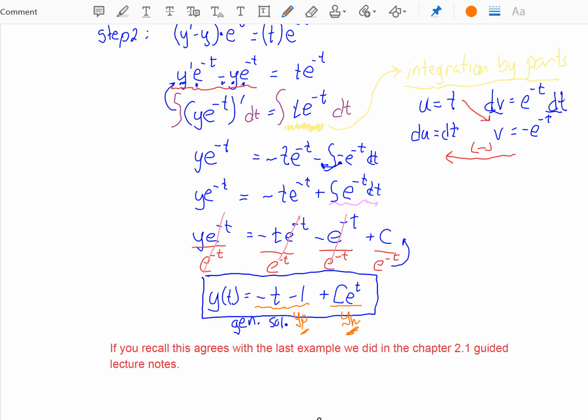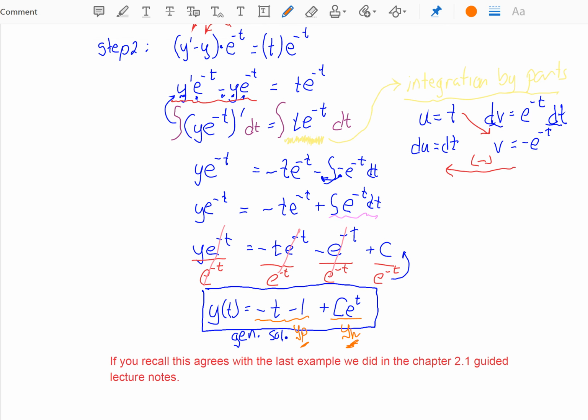Okay, this completes your first example of using the integrating factor method for solving first order linear non-homogeneous differential equations. I'd like to work a couple more examples with you just so you can see a couple more varieties of problems, but this should outline the technique I want you to be able to use.